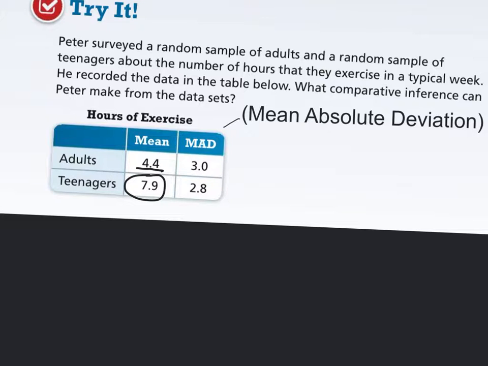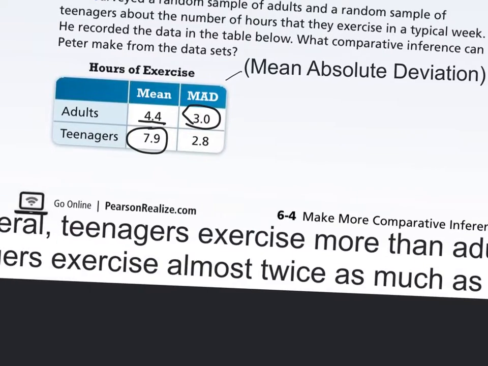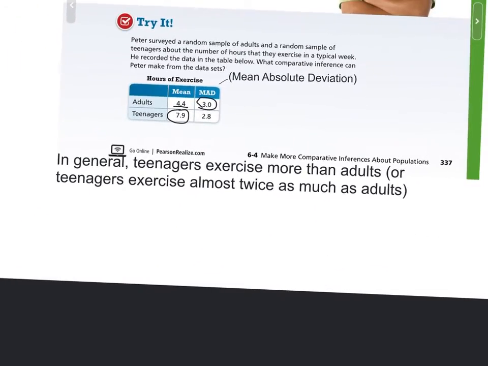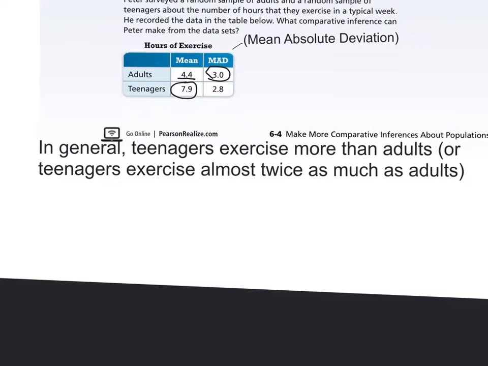Mean absolute deviation, a little bit higher for the adults. So a couple things we could say out of that then. First of all, we could maybe say that something like, in general, teenagers exercise more than adults. We could be even more specific and say teenagers exercise almost twice as much as adults.